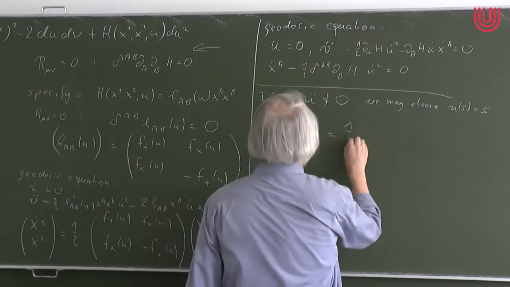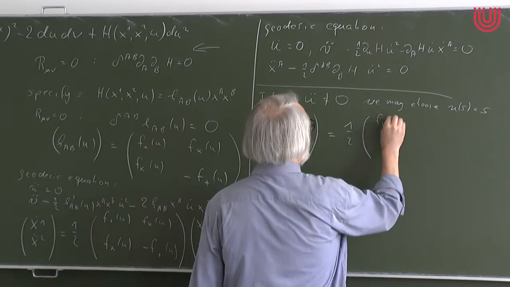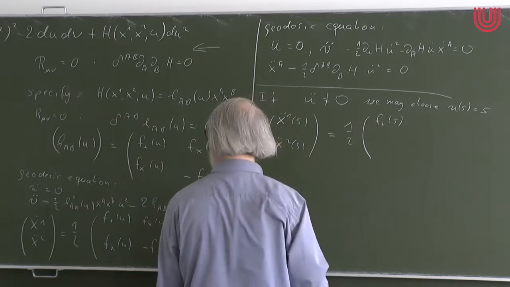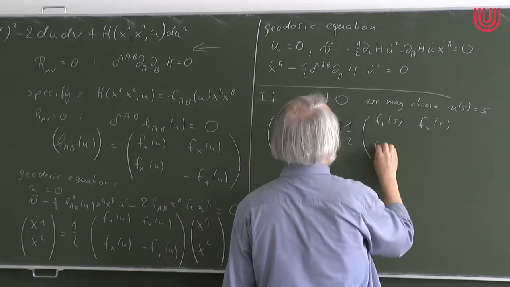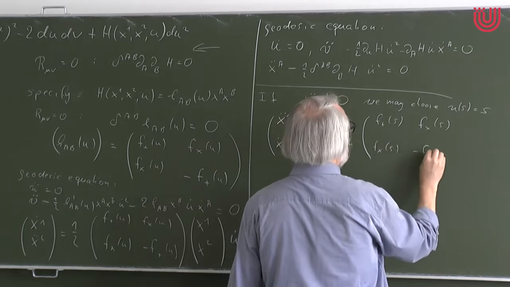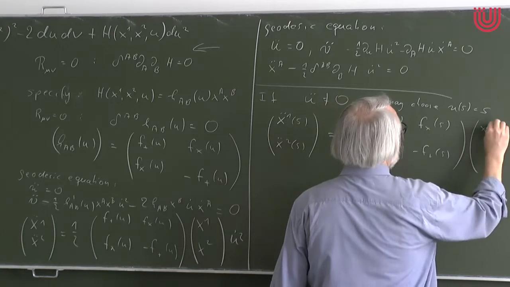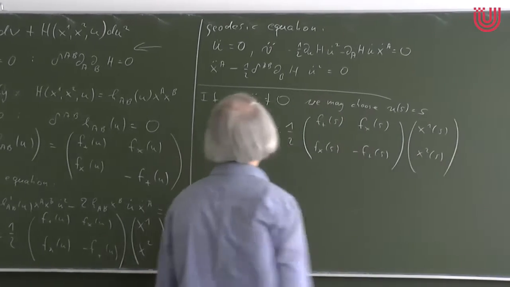So this is 1/2. I have now set u equal to s, so I may write f plus of s; s is now the argument of the function f plus. Similarly, f cross minus f plus, you have x1 of s, x2 of s, and u dot is equal to 1.